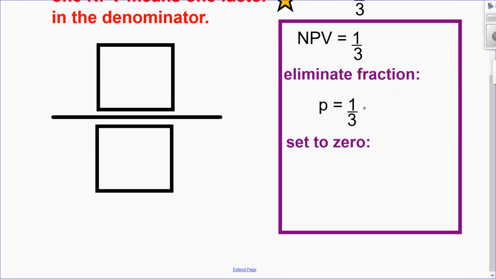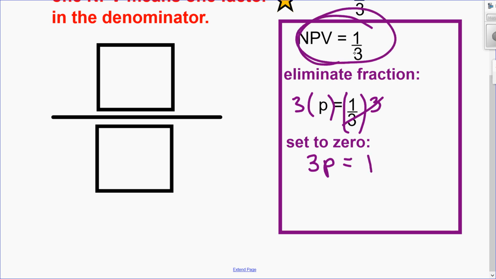I want to find a factor. So I'm going to multiply both sides by 3 to eliminate the fraction. What I'm doing here, guys, is trying to find a factor that has this as the non-permissible value, because I can't have p minus a third as a factor since I'm not allowed fractions.